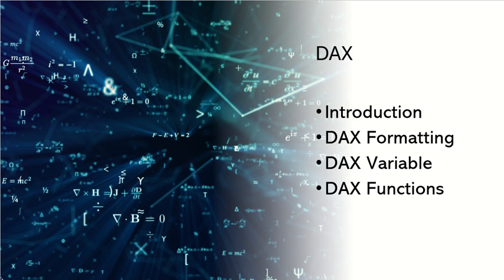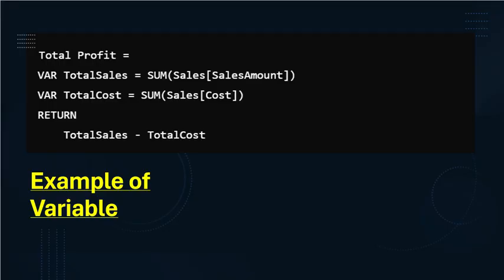Let's look into an example of this. I have defined the variables total sales and total cost, and it returns total sales minus total cost. So I can use total sales and total cost in my return statement. So this is what a variable is.